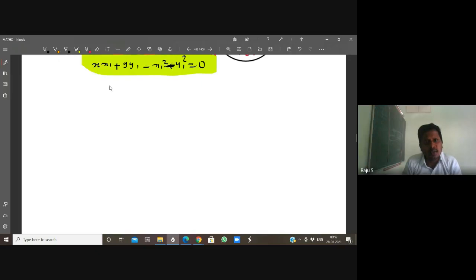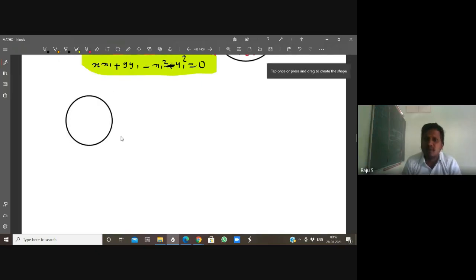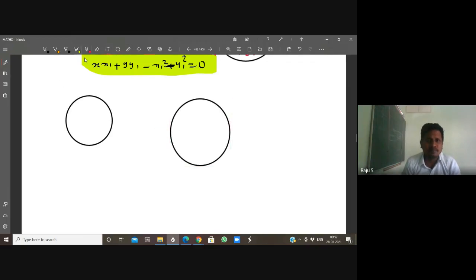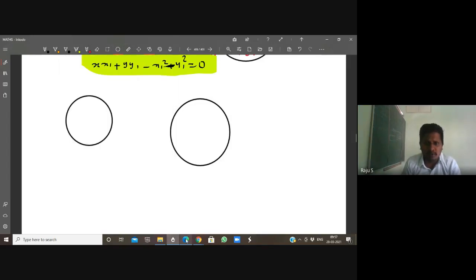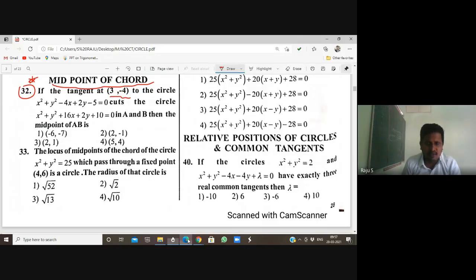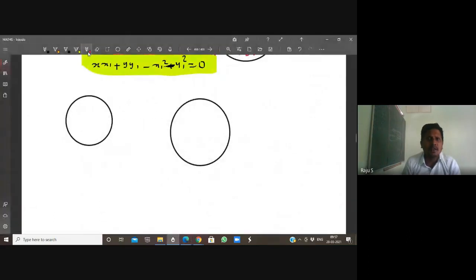Take two circles like this. This is the first circle, and I'm going to take another circle. The point they have given on the first circle is 3 comma minus 4. Let us take it here, 3 comma minus 4, the point on the first circle.